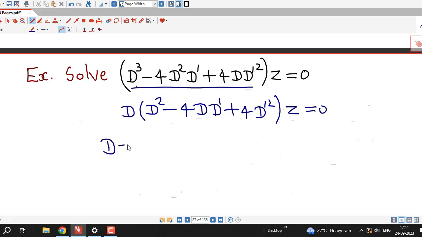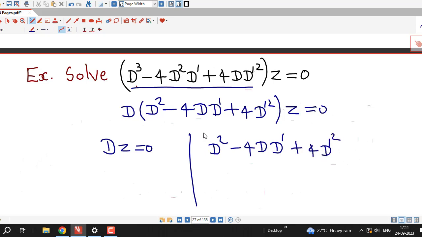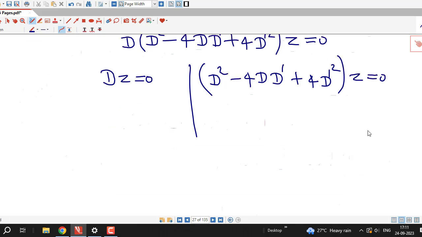And therefore I can rewrite this as Dz equal to 0 and D square minus 4 D D dash plus 4 D dash square z equal to 0.